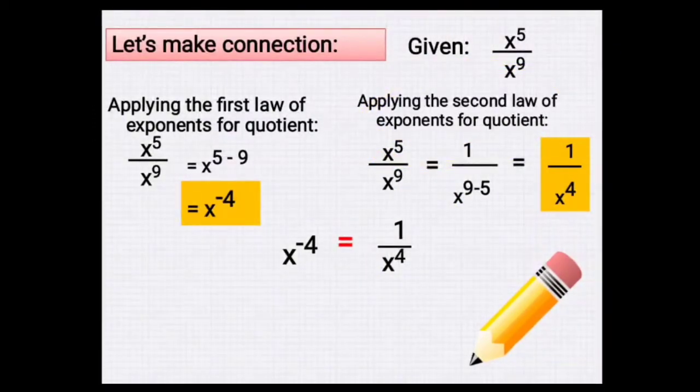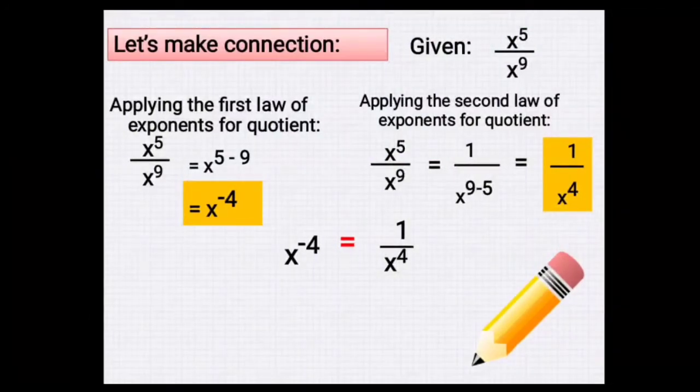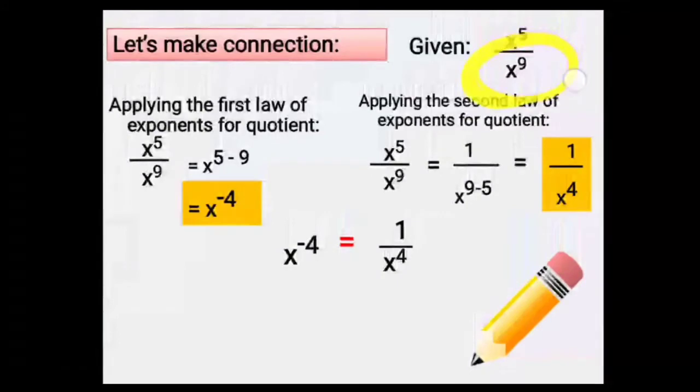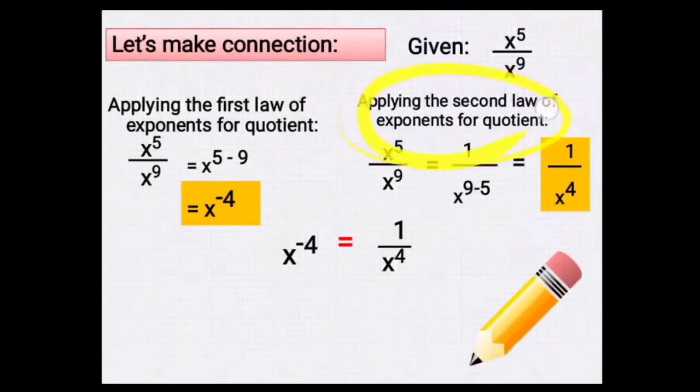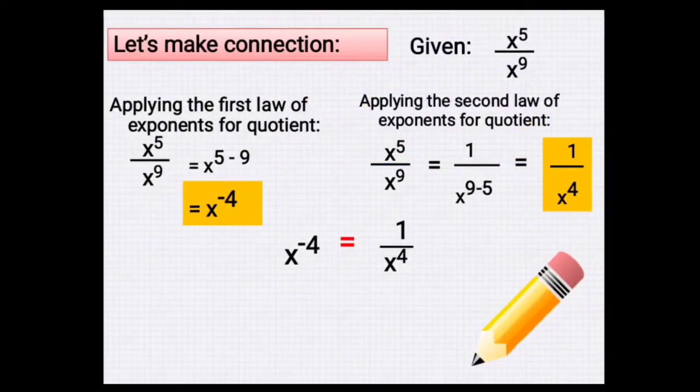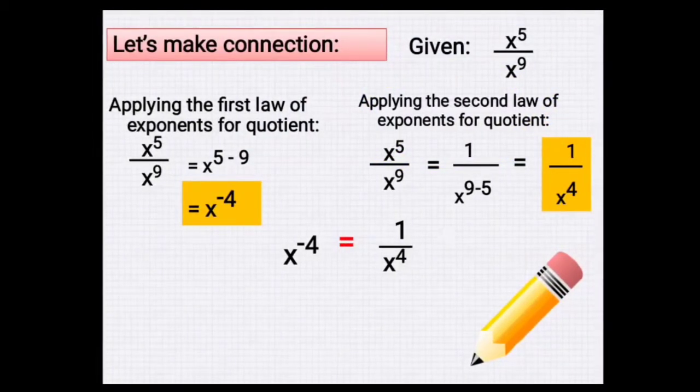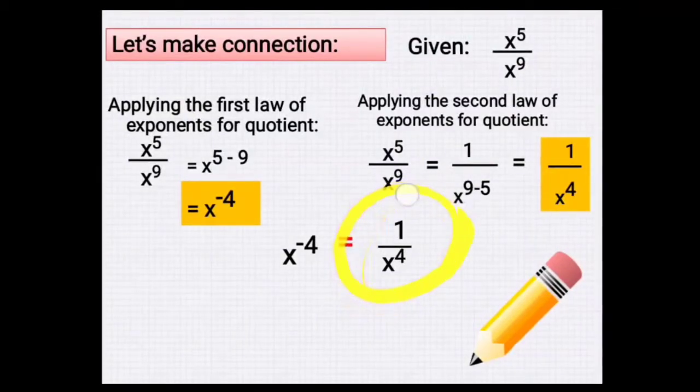Okay? But here, the exponent of the numerator is less than the exponent of the denominator. The proper law to be applied is the second law. Okay? Therefore, the proper answer should be 1 over x to the fourth power.